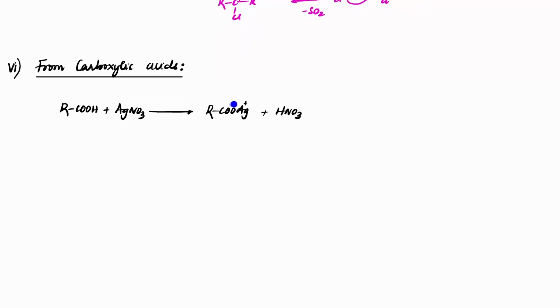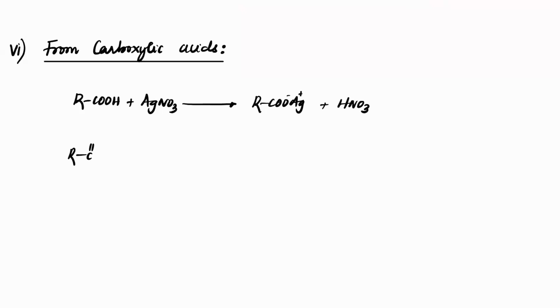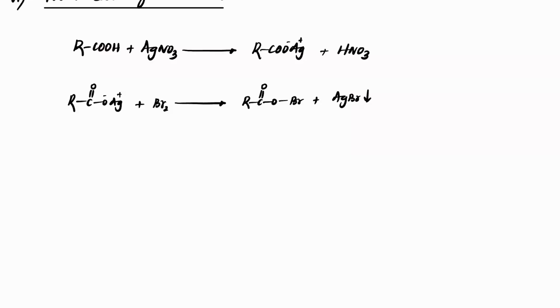Now, our role is more to do with the silver salt here. So the silver salt of carboxylic acid is RC double bond O minus and Ag plus. Now, when this is treated with Br2, it will become RC double bond O, Br here, and AgBr will start precipitating.